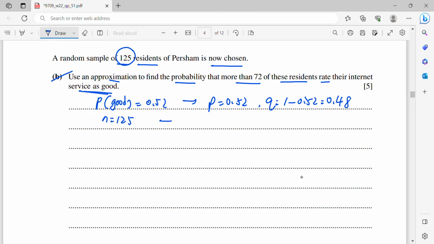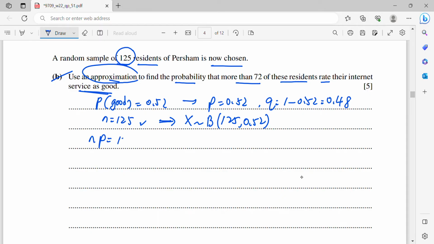So X is initially binomial with n = 125 and p = 0.52. Now we need to use an approximation to find the probability. Because n is large, I have to check my np.